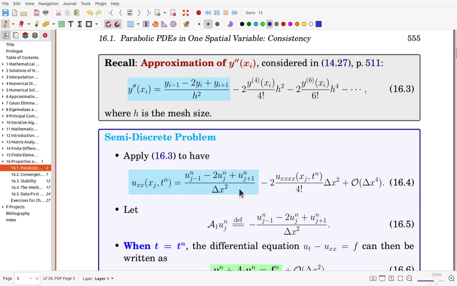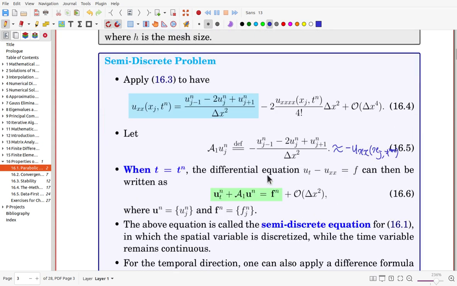For convenience, we define the operator A1, that is the negative of that term, which means that this is now an approximation of minus u_xx at x_j and t_n, at time level t_n. So that is an approximation of this value.